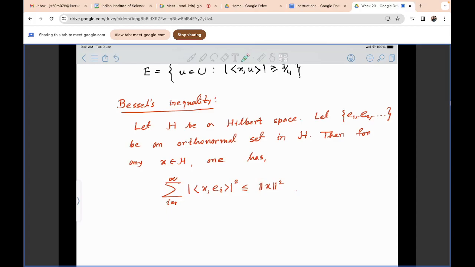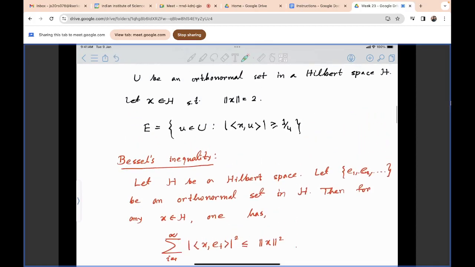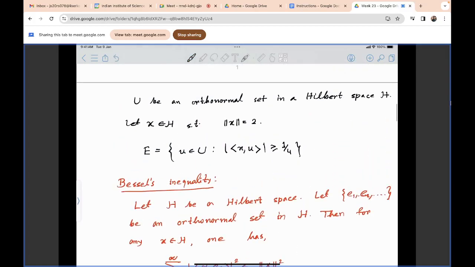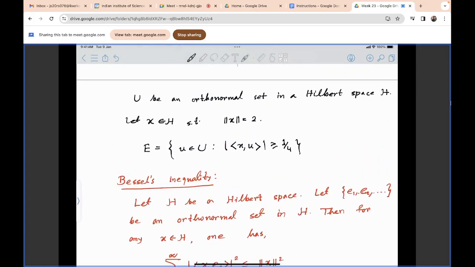There is a generalization: when this set becomes an orthonormal basis, a complete orthonormal set, we have Parseval, and it becomes an equality. But here we do not need this. We want to use Bessel's inequality to do this one.